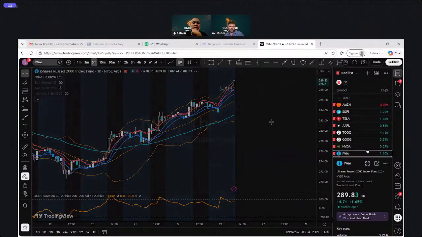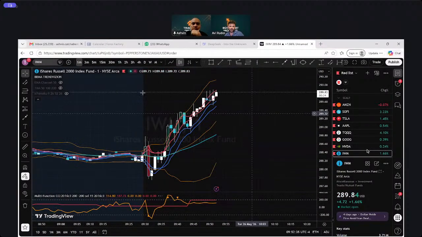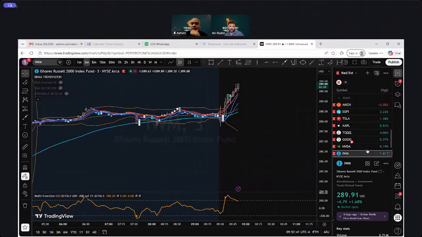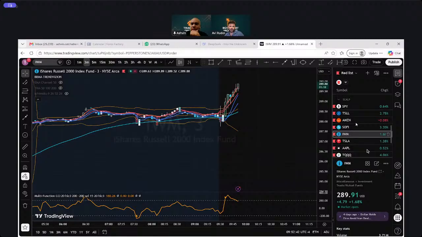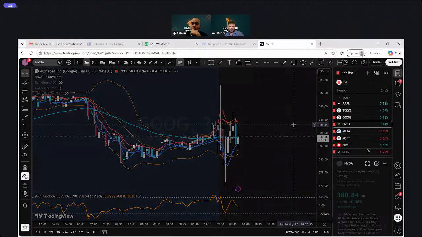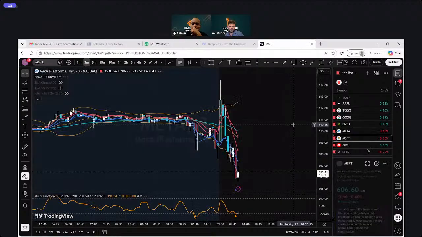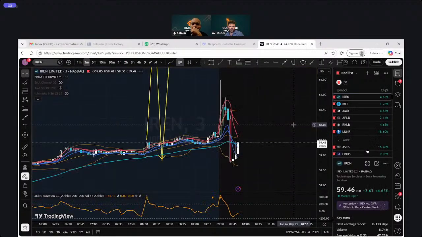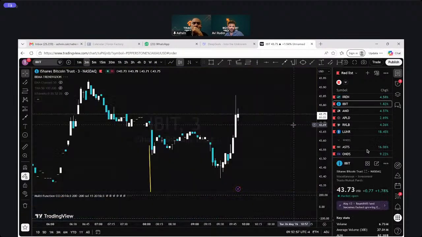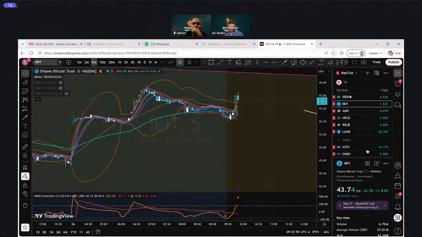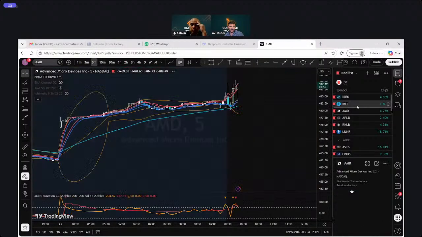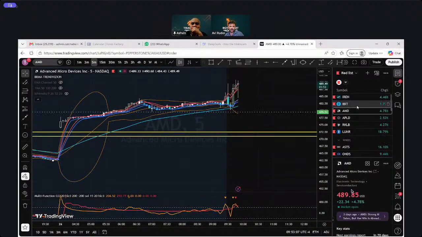I think IWM has got a chance for a scalp today. Let me see if I can get a nice setup and get IWM in yet. AMD is nice. AMD is going to start pushing up. It's just too expensive to get in.